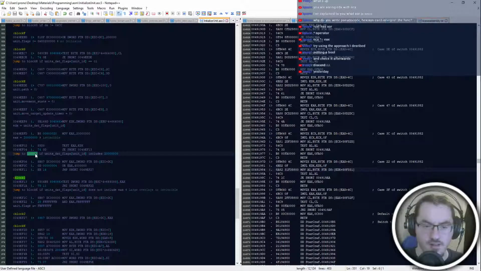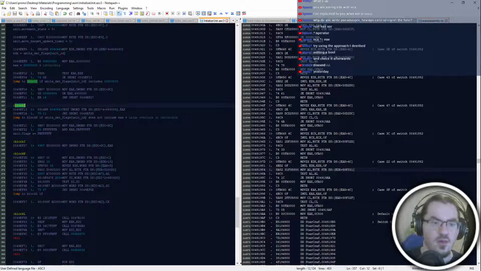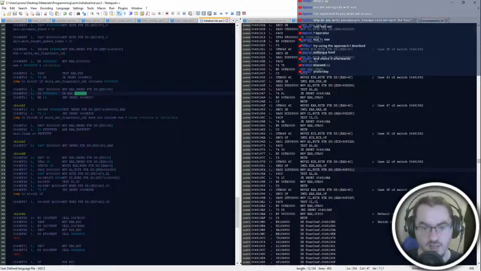Yeah, I don't remember anything about booleans. Block I gets jumped to if the unit is invincible, if the unit has the invincibility flag. And then otherwise overwrites the register that has the invincibility flag, setting it to the large overlays flag.